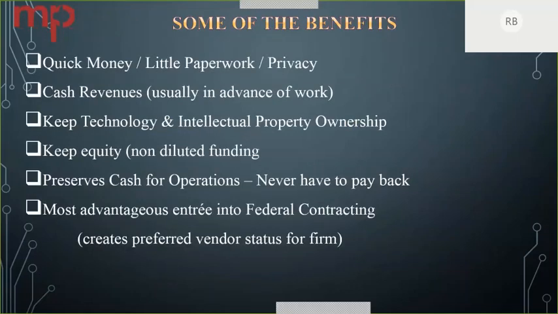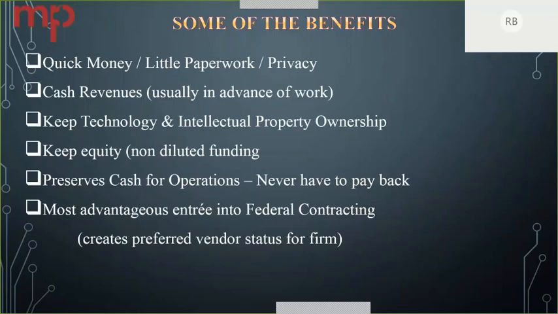Benefits: quick money, little paperwork, and a lot of privacy. Cash revenues, usually in advance of the work. You don't have to do the work and then get paid. Keep technology and intellectual property ownership. The technology and the intellectual property still belong to the small business. It doesn't go anywhere, at least not for some time. Keep equity.